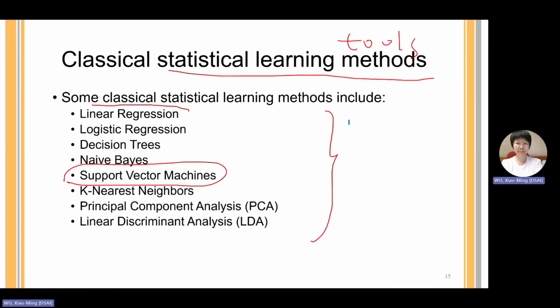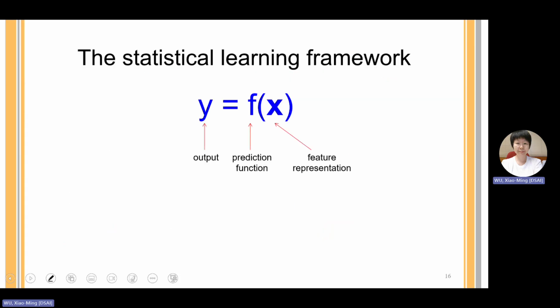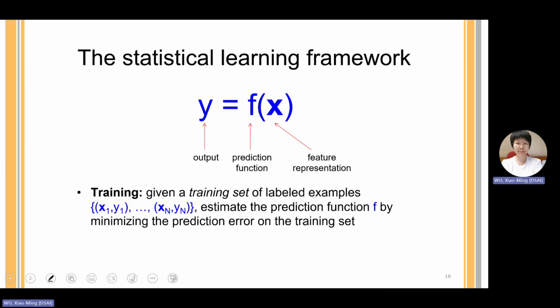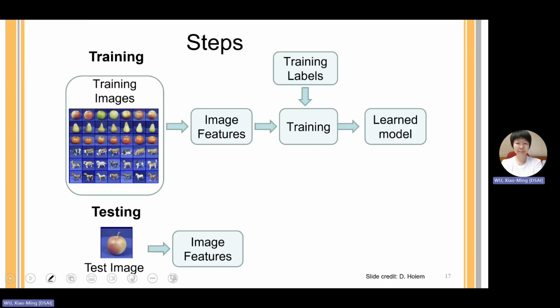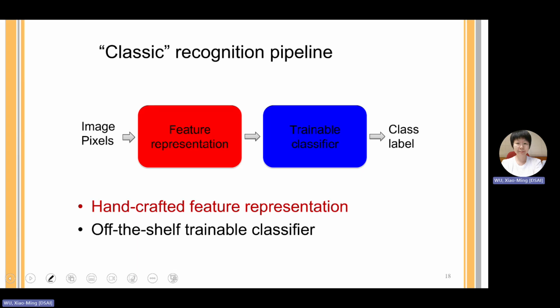In the classical statistical learning pipeline, or classical recognition pipeline, it involves two stages.